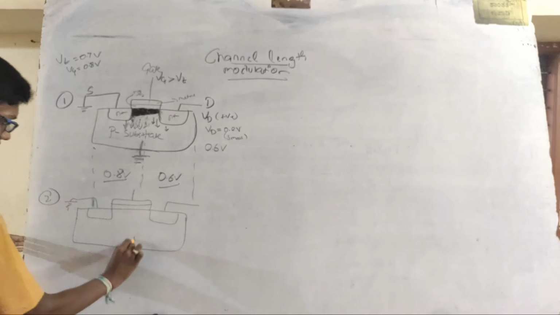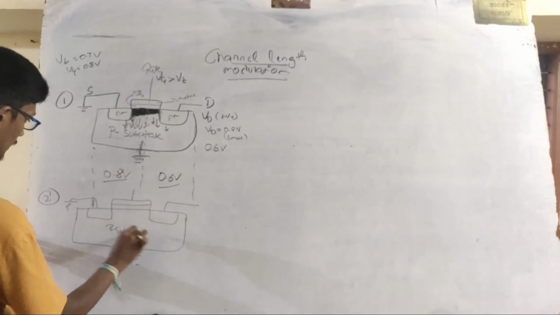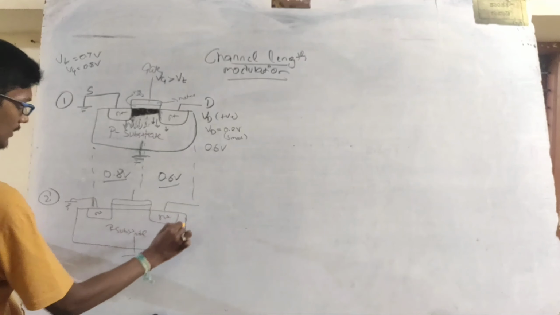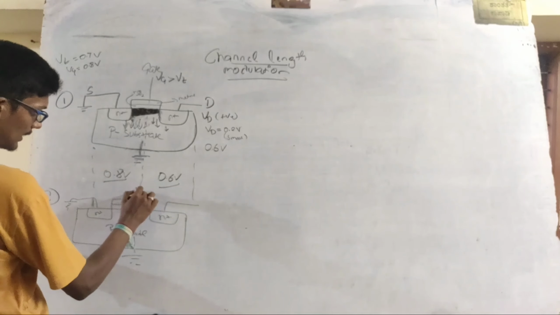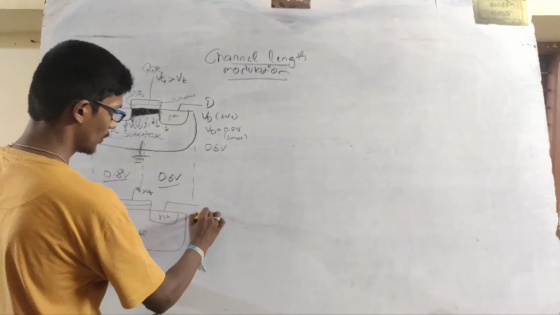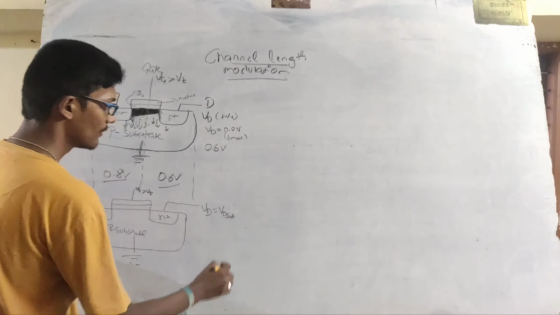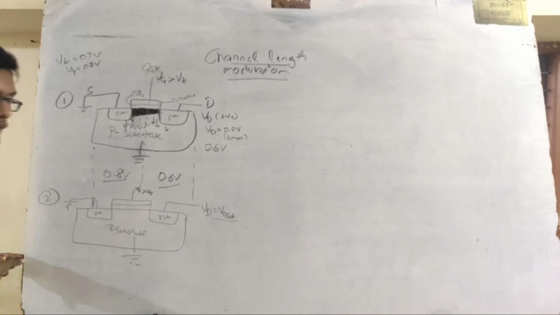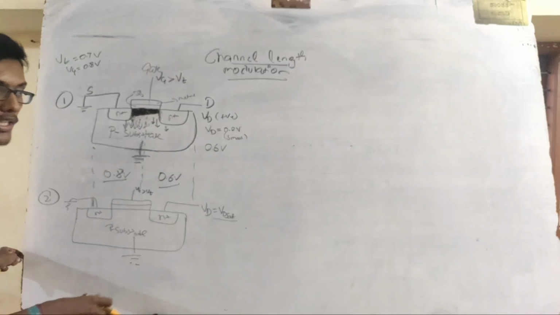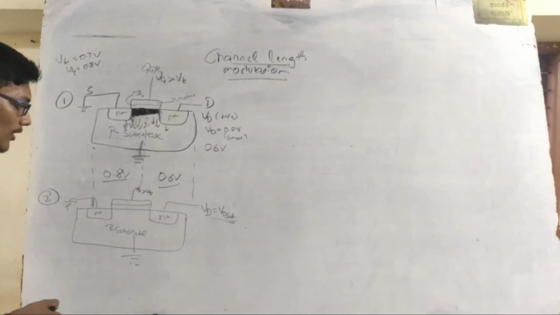This is grounded, this is grounded, this is the P substrate, N plus and N plus. VG is greater than VT, as we already know. Here VD is equal to VD sat, the saturation voltage. What is saturation voltage? It is the minimum voltage required to keep the MOSFET in the saturation region, which we call VD sat or saturation voltage.